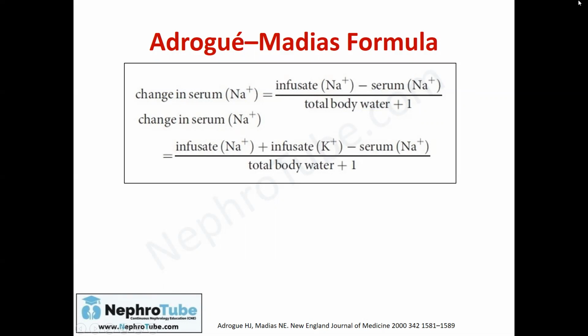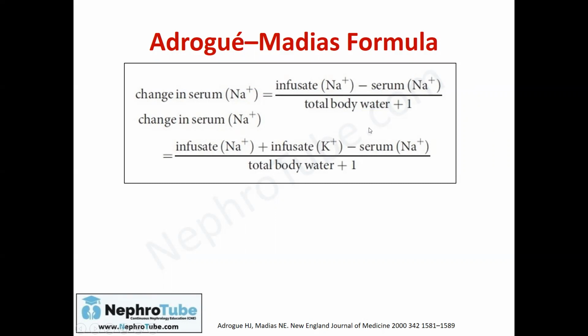You have to use this equation. The change in serum sodium equals the infused sodium, the amount of sodium in the fluid that you are using, minus the serum sodium, the actual sodium level of the patient, over total body water plus 1.